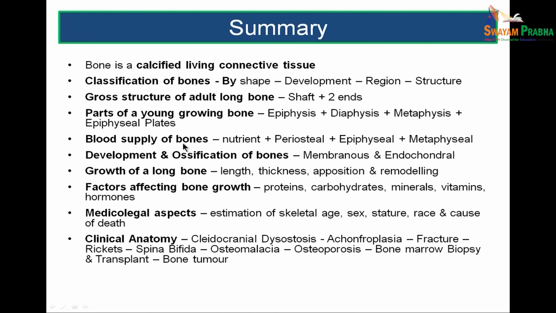Blood supply of bones, we said there is a nutrient artery, periosteal arteries, epiphyseal arteries and metaphyseal arteries. Development and ossification, we said two types, membranous or mesenchymal and endochondral ossification. We also spoke about how a long bone grows in length, in thickness, in apposition and remodeling of bone.